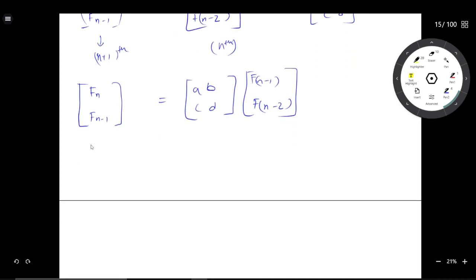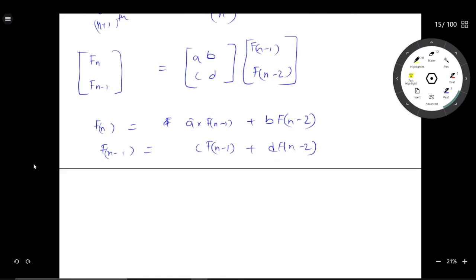Now we will equate the equations. So f(n) is equal to a times f(n-1) plus b times f(n-2). And f(n-1) is equal to c times f(n-1) plus d times f(n-2).